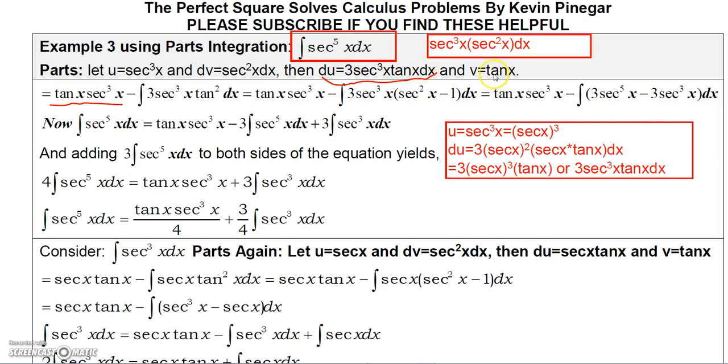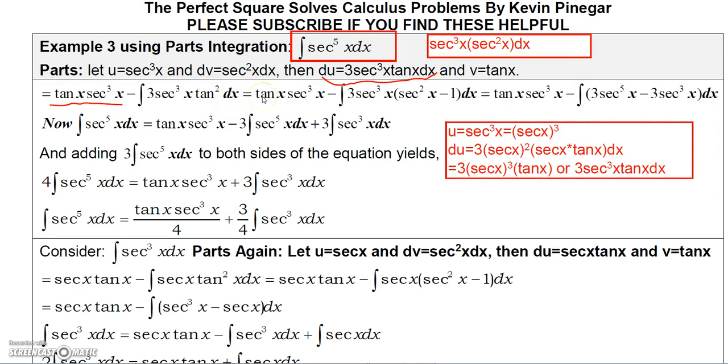And if you multiply that by v, you would actually get tangent x quantity squared. So we'll get 3 times secant x quantity cubed times tangent x quantity squared. I left out the x there, there should be an x there. And then your dx.